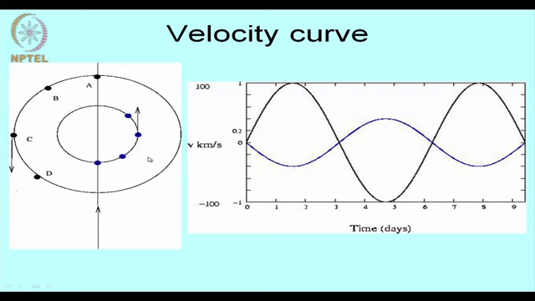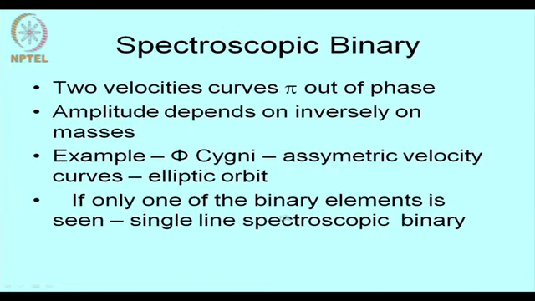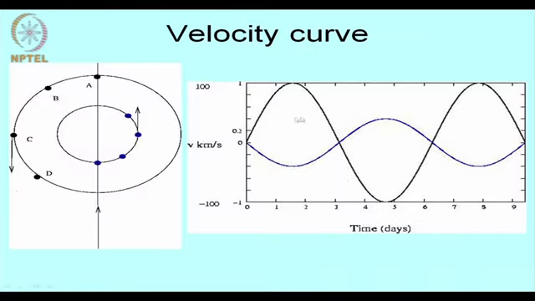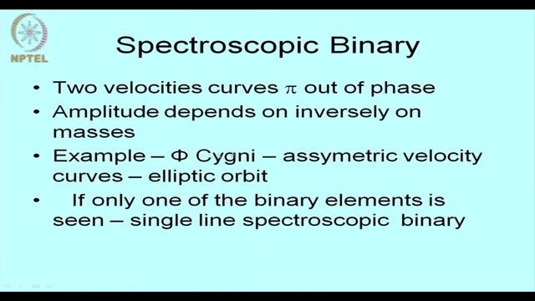And typically you will not have circular orbits, you may even have elliptic orbits, and for elliptic orbits you will not have exact sinusoidal curves like this, you will have asymmetric curves, which is the situation for phi Cygni. And there are situations where only one of the binary elements is seen in the spectroscopic line, and these are called single line spectroscopic binary.